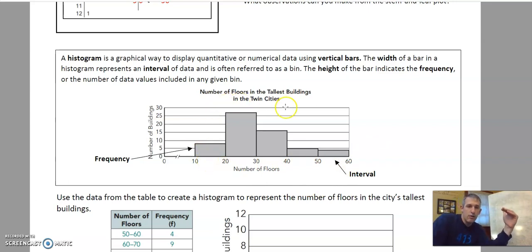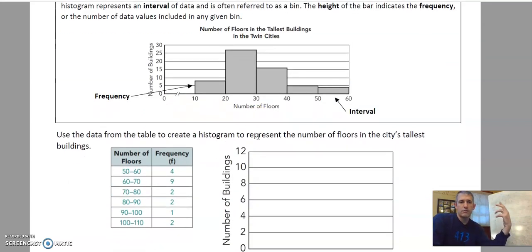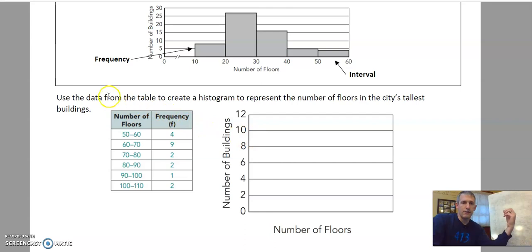So there are approximately 7 or maybe 8 buildings that have between 10 and 20 floors, apparently in this. And there are about 26 or 27 that are between 20 and 30 floors. So to make our own histogram, this is what we need to do.